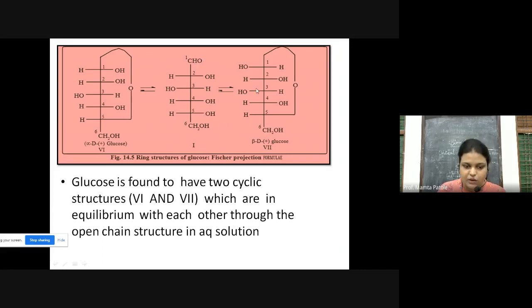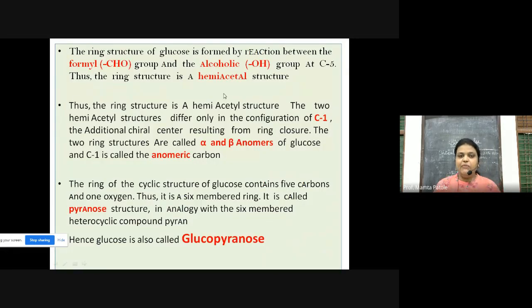This OH will go and attach over here, so the O is shown over here. These structures are known as hemiacetal structures. The reaction between the formyl group and the alcoholic group at C5 takes place, and the structure which is formed is a hemiacetal structure.